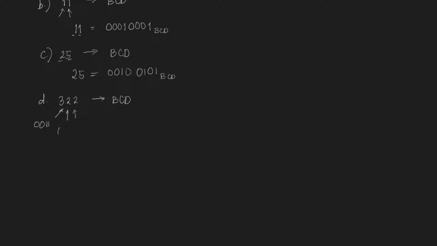How about 2? That is 0, 0, 1, 0. And then 0, 0, 1, 0. So you write your 322 in decimal as 0, 0, 1, 1, 0, 0, 1, 0, 0, 0, 1, 0. Okay, so that is in terms of BCD.